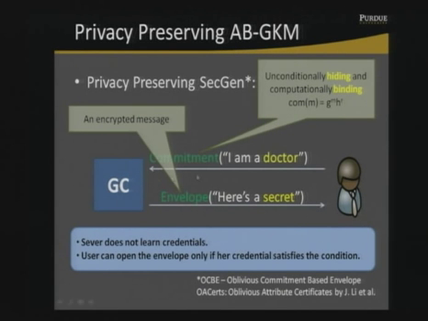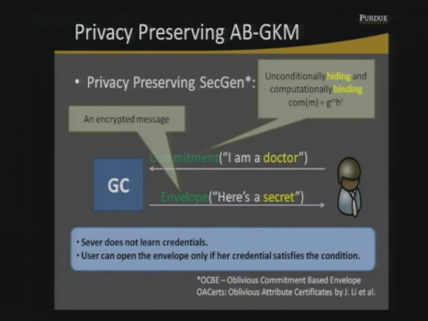Then they execute some zero-knowledge protocols, and at the end of the protocol, the group controller sends an encrypted value, which we call an envelope, to the user. This protocol ensures that the group controller does not learn the credentials of the user, but at the same time, the user can open and decrypt that envelope and get the secret only if his credentials are satisfied.